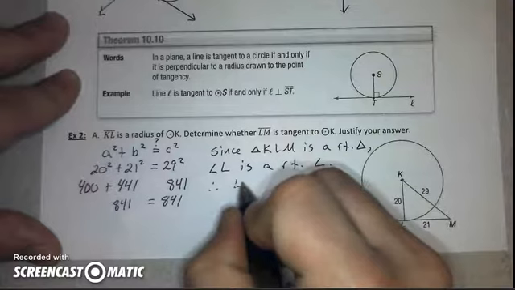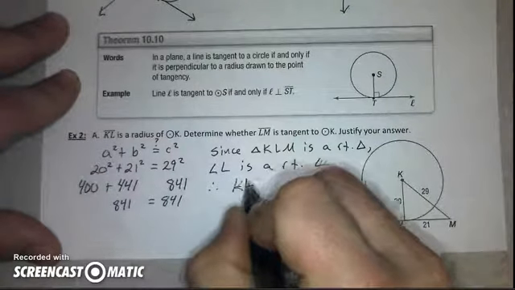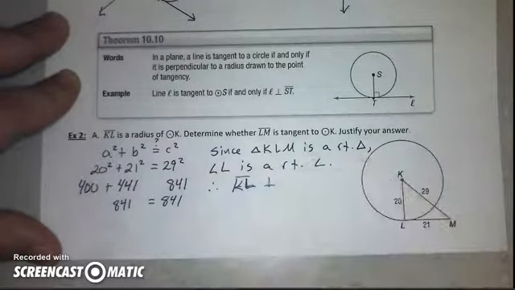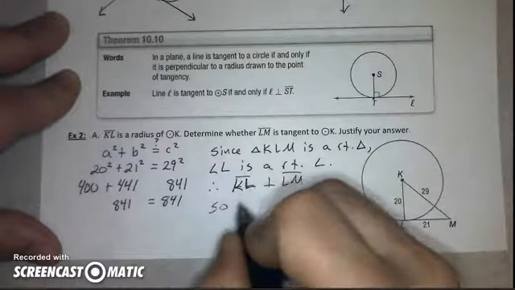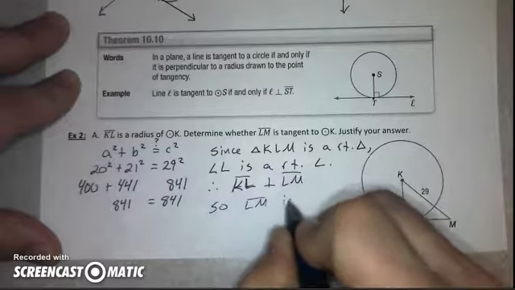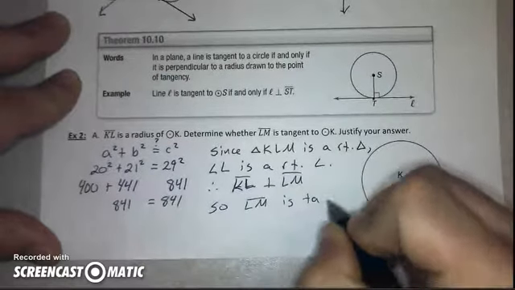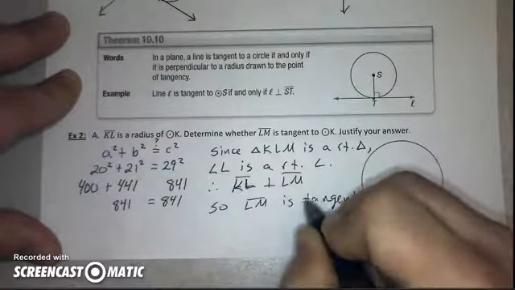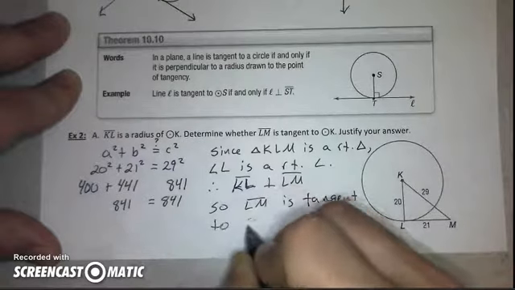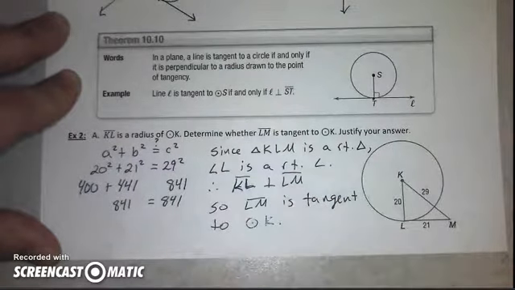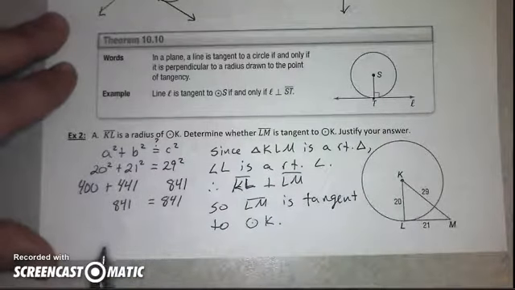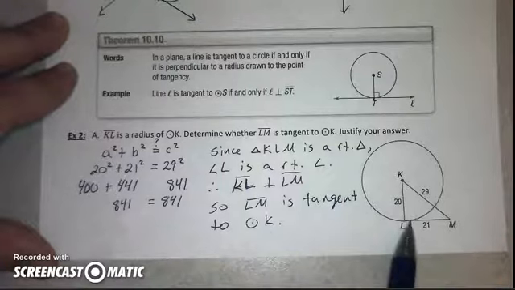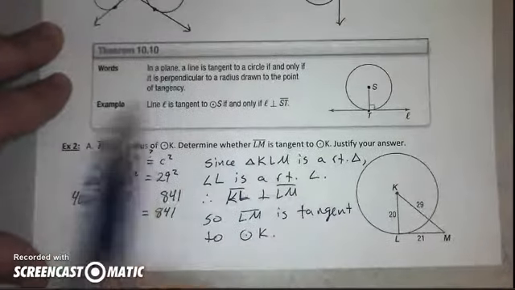Therefore, KL is perpendicular to segment LM, so segment LM is tangent to circle K. That is our justification. We've shown that that is a right triangle, so that means that they are perpendicular, which makes it tangent to K by this theorem. All right.